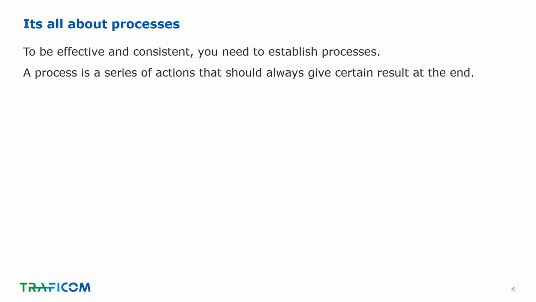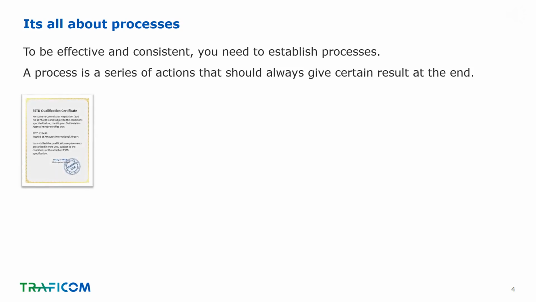For example, there are many tasks and steps that have to happen before a flight training session in a flight simulator can happen. They all have to be performed in a certain order. The flight simulator must be qualified, and the training organization must monitor any changes in the FSTD qualification certificate.